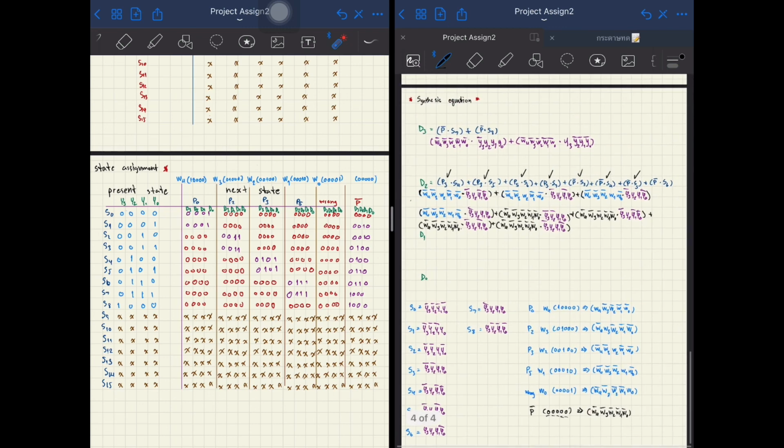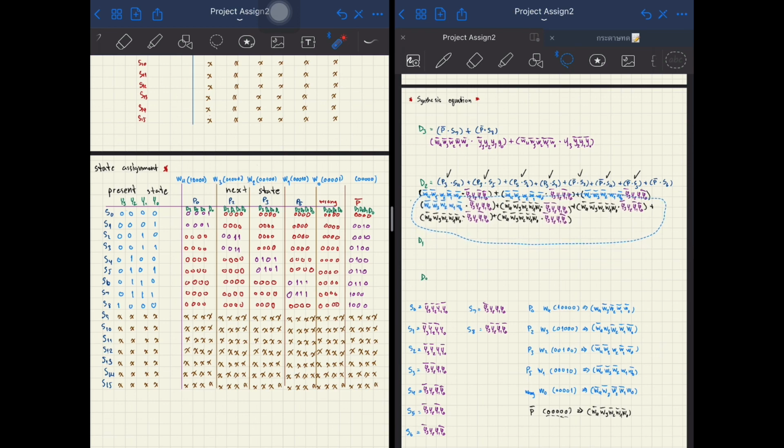So we got the equation of D2, this whole thing, so I will rearrange it. This whole thing is the equation of D2.